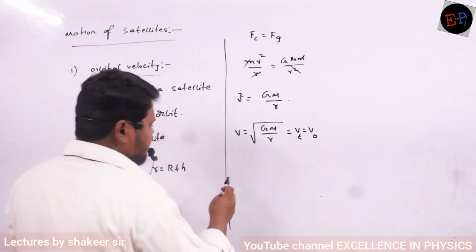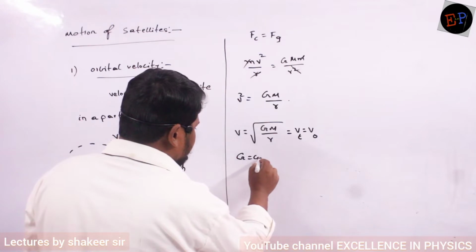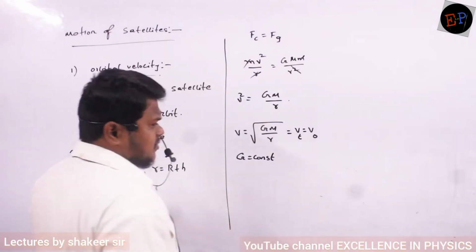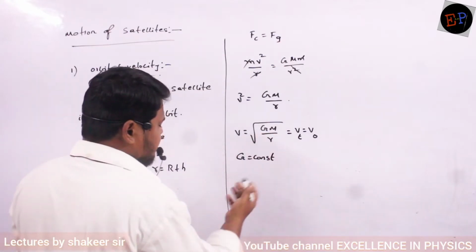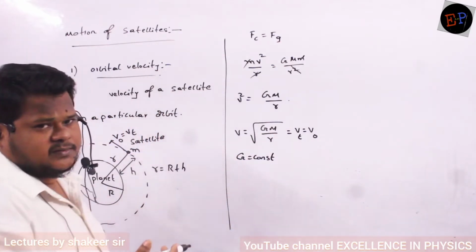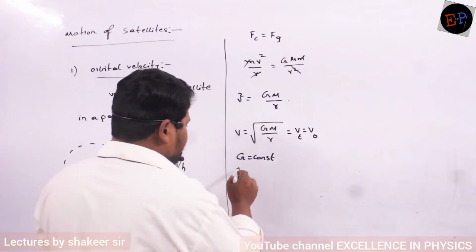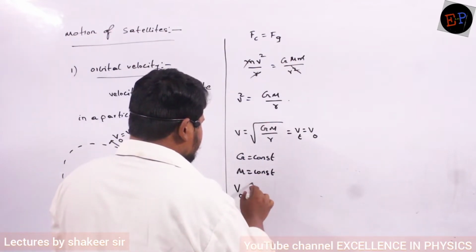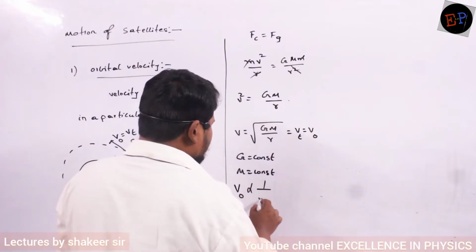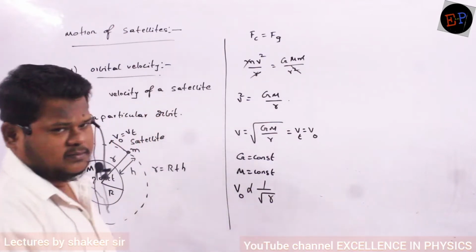So here one point I can say is that G is a constant, the universal gravitational constant. And what about M? M is the mass of the planet, the mass of Earth, which is a constant. So M is also a constant. Clear? Then orbital velocity is inversely proportional to root of R. That's what I can write now.